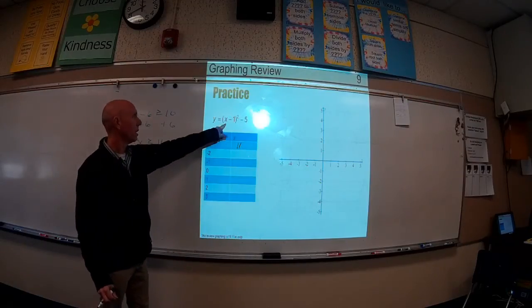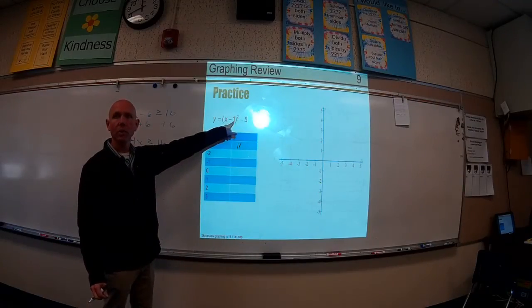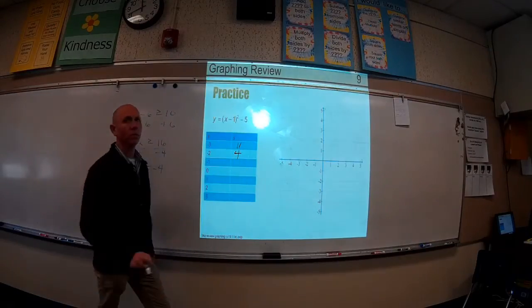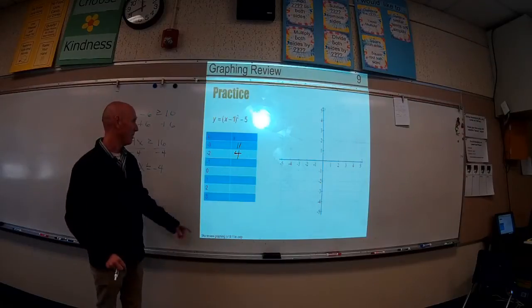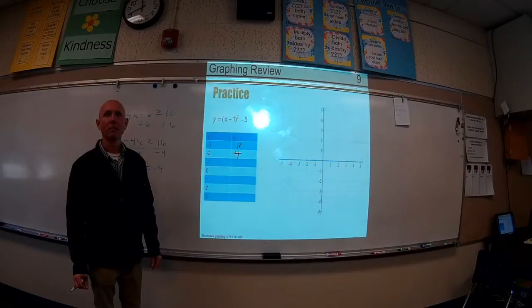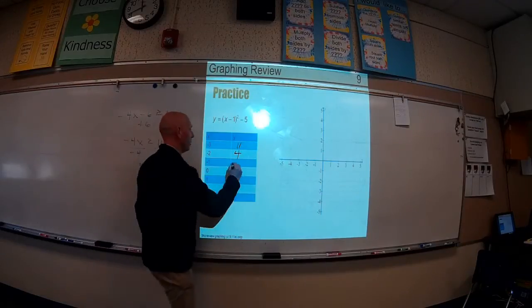Micah, you get the -2. -2 minus 1 squared minus 5. Beautiful. Going to Aiden. Aiden, -1. -1 minus 1 is -2, squared 4, minus 5. -1. Beautiful.